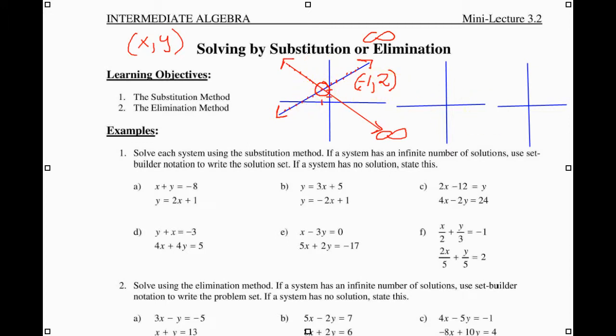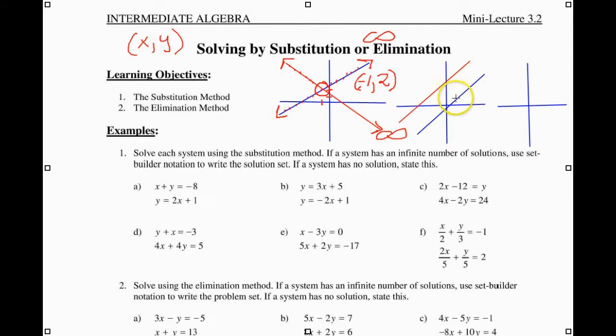Now, as we think of lines along a graph, suppose I make a first line that is red, and I draw another line of another equation, and it ends up looking like so. And what do you notice about these? Well, are they ever going to intersect?